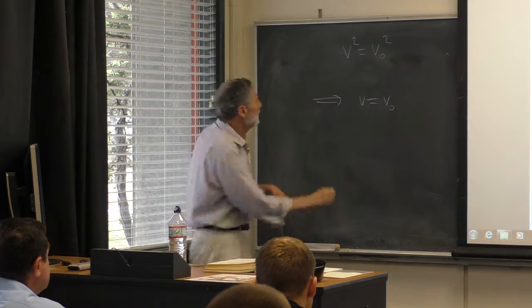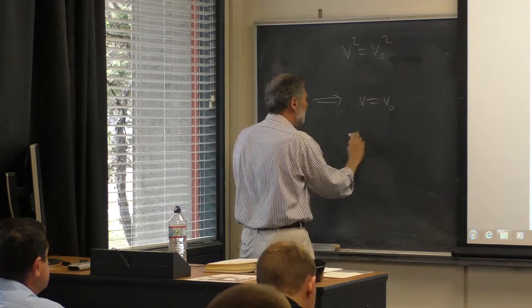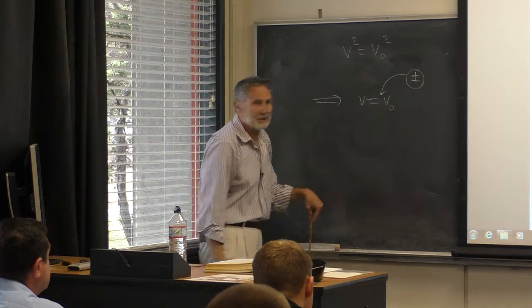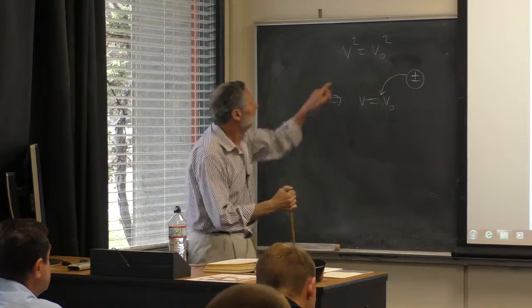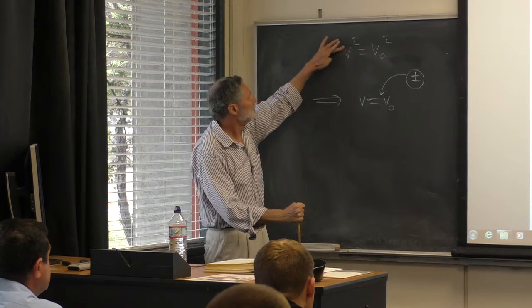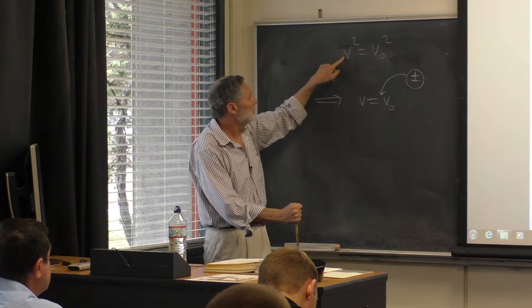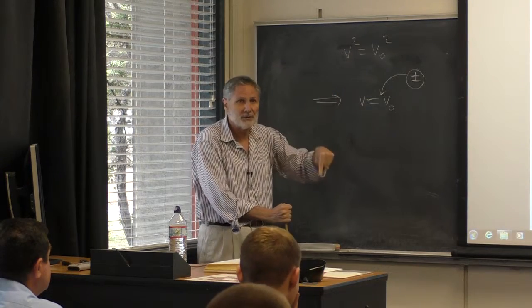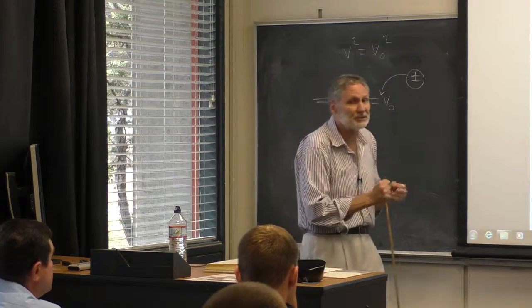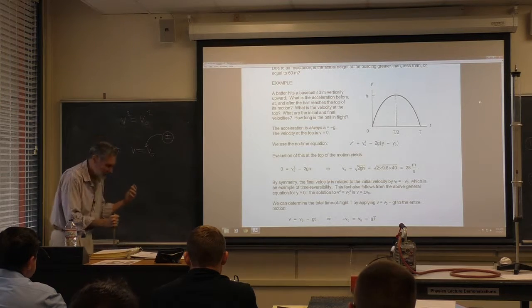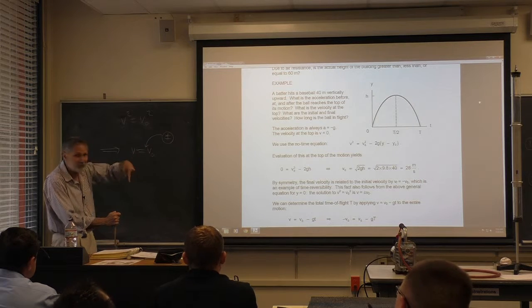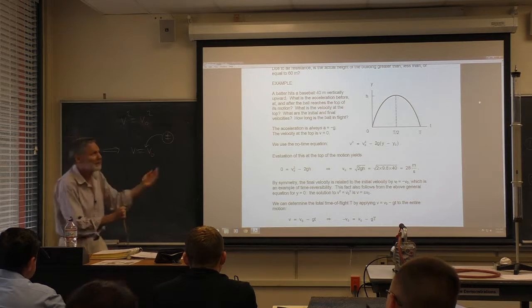We need to put a plus or minus in here, because v can be positive or negative, and when it's negative, squaring it also gives a solution. That's the solution here. Clearly it's going in the other direction. So the fact that the final speed is equal to the initial speed, or that the final velocity is just the opposite, negative, comes out of the equations too.